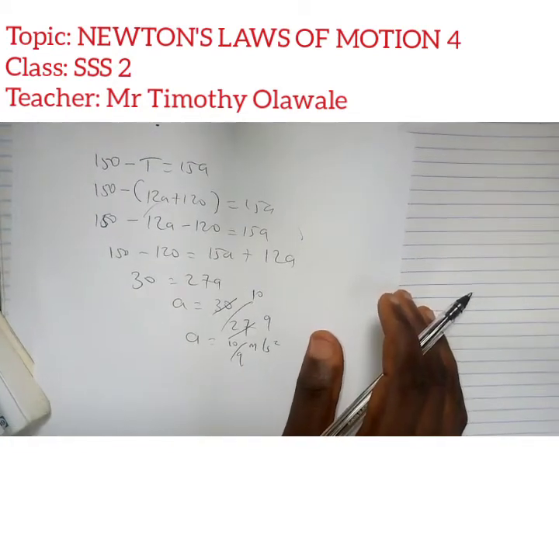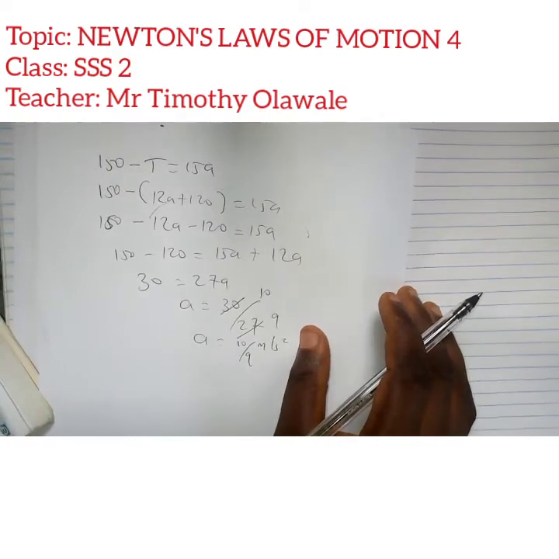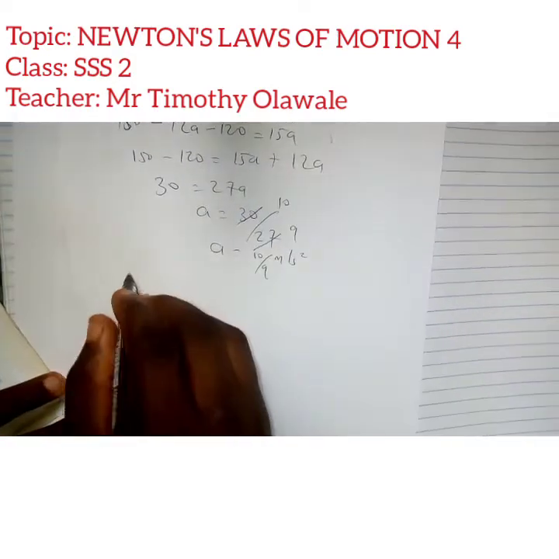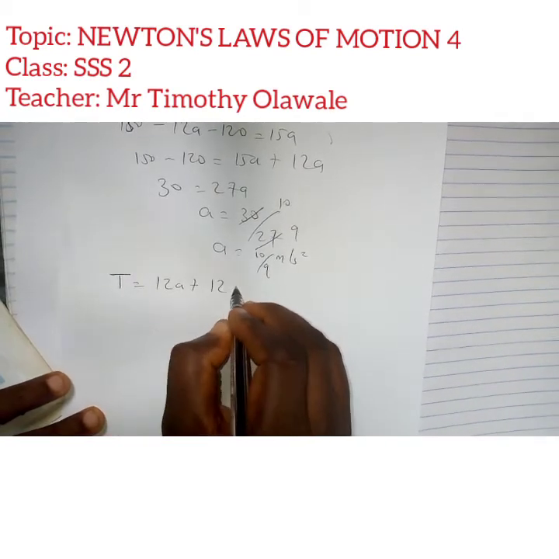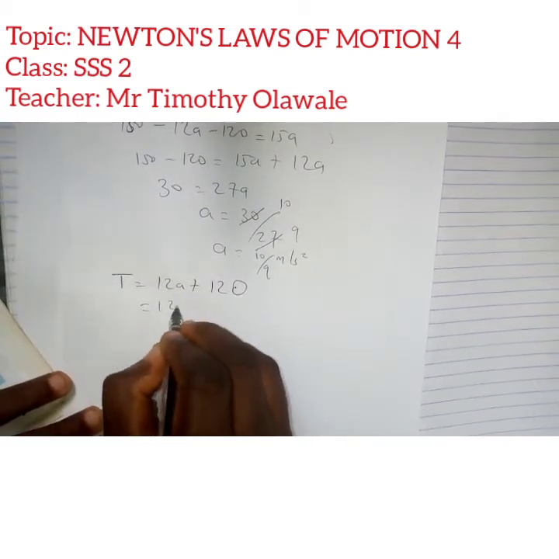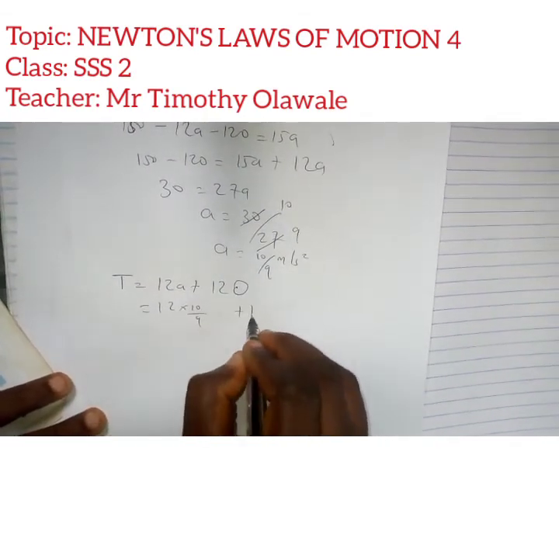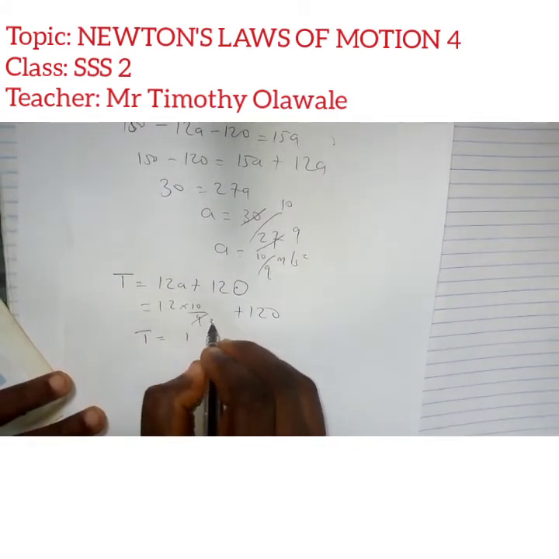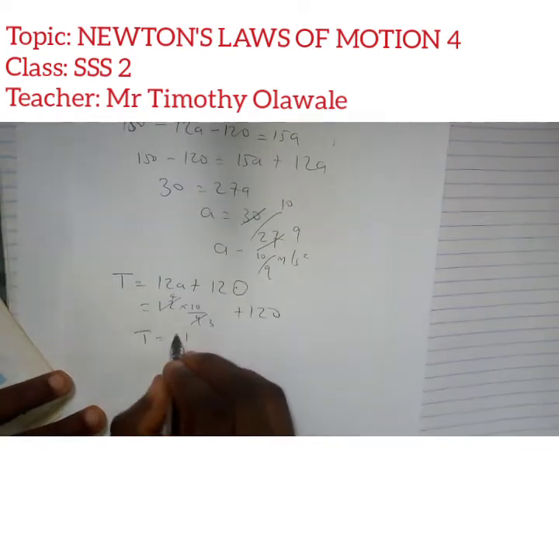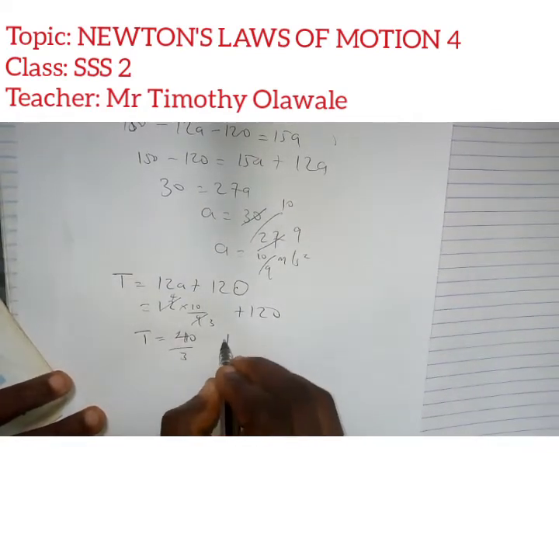But we are not looking for acceleration, we are looking for tension. So we can say T equals 12A plus 120, remember? That will be 12 times 10 over 9 plus 120. Simplifying, 3 here and 3 here gives 4, so this will be 40 over 3 plus 120.